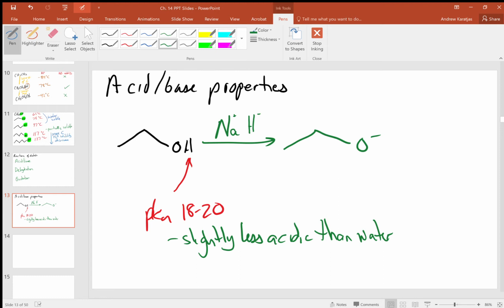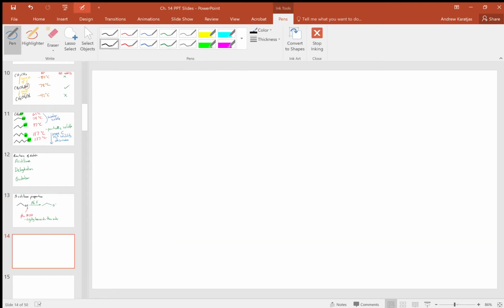There is one type of alcohol, though, that does have pretty good acidic properties, and those are phenols. So phenols being aromatic rings with alcohols on them. These have much lower pKa's, and they are relatively strong acids for organic compounds.